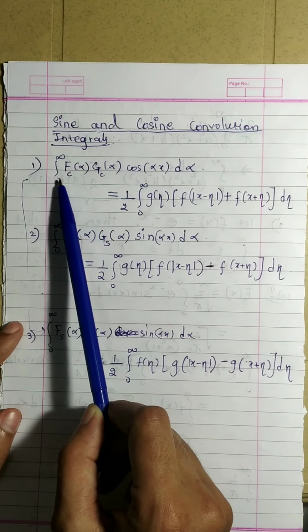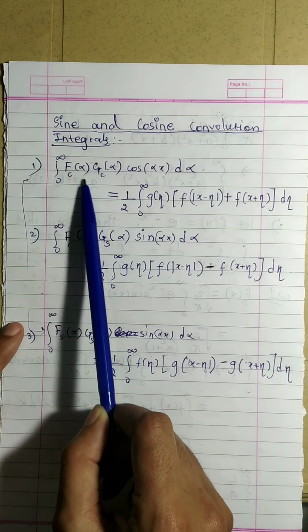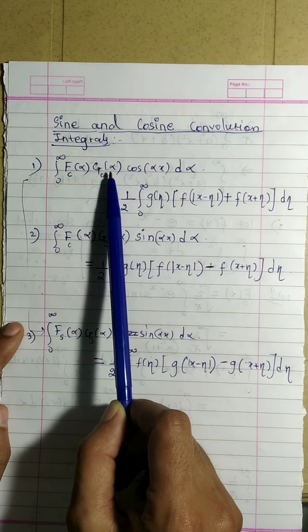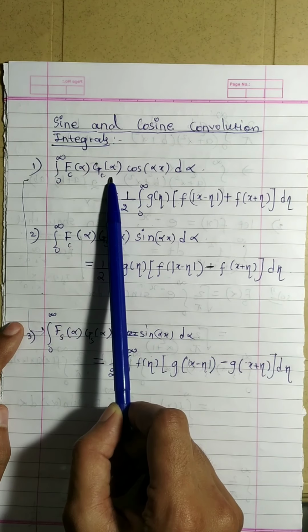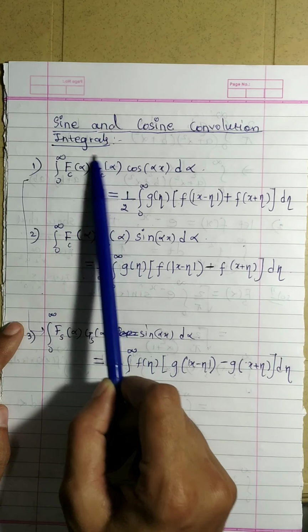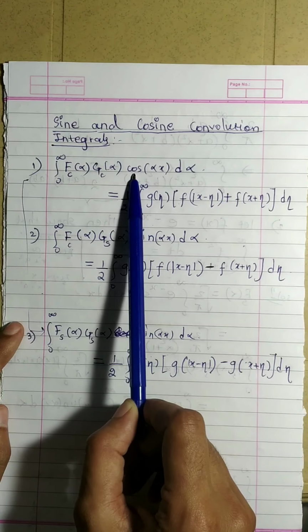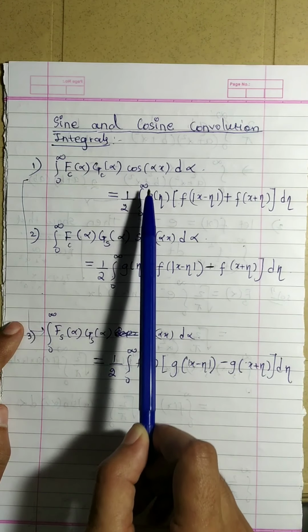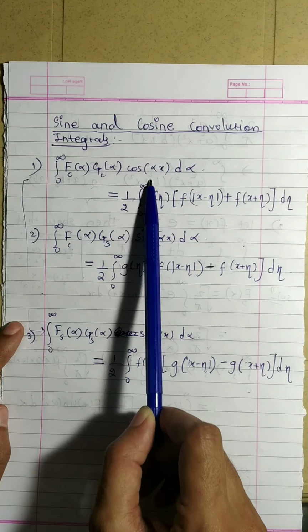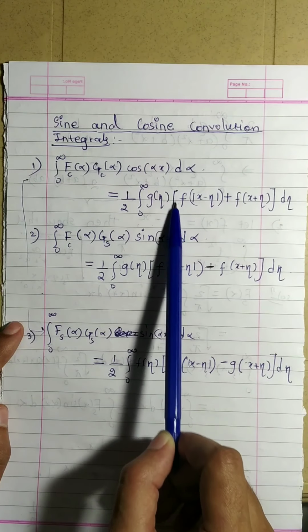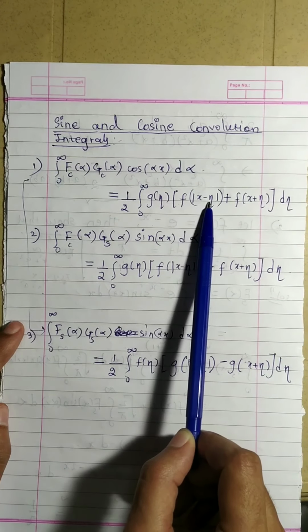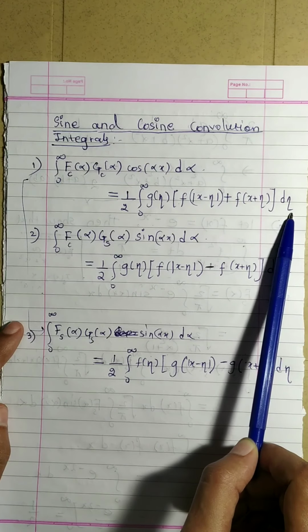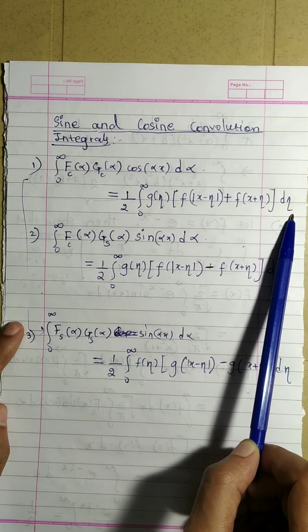The first one is the integral from 0 to infinity of the Fourier cosine transform of the function f of x into the Fourier cosine transform of the function g of x, into cos alpha x d alpha, which is equal to 1 upon 2 integral from 0 to infinity g of theta into f of mod x minus theta plus f of x plus theta, into d theta. Theta is the variable of integration.